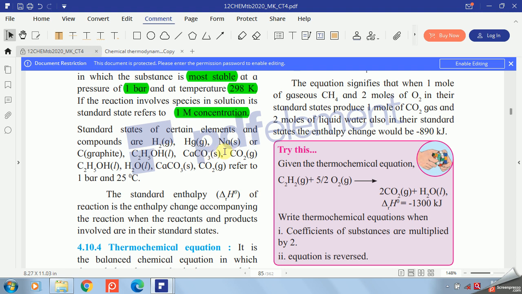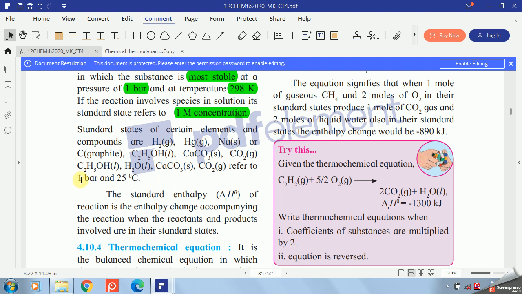Then sodium, and carbon in graphite form, which is the naturally abundant allotrope, are in solid state. Some compounds like ethyl alcohol are in liquid state, calcium carbonate in solid state, carbon dioxide in gaseous state, then water in liquid state.